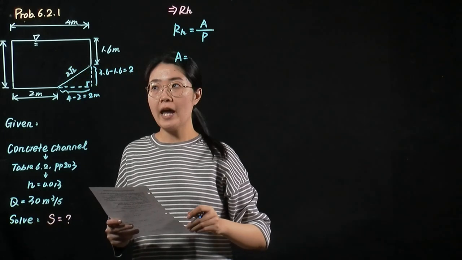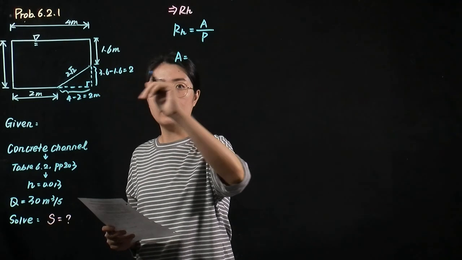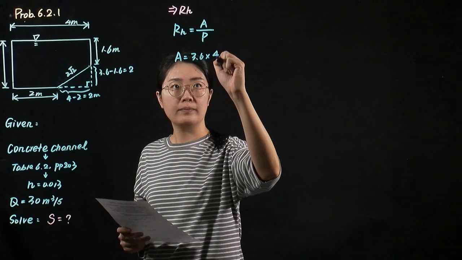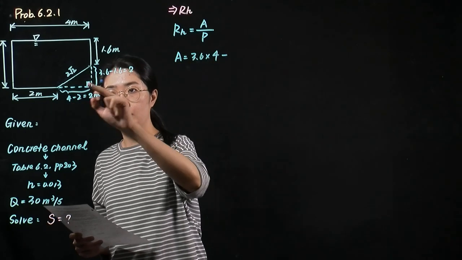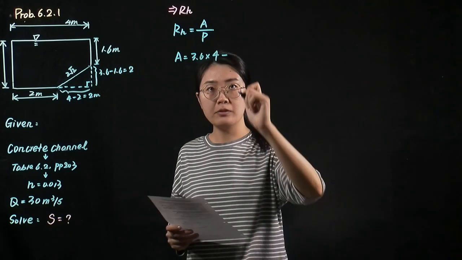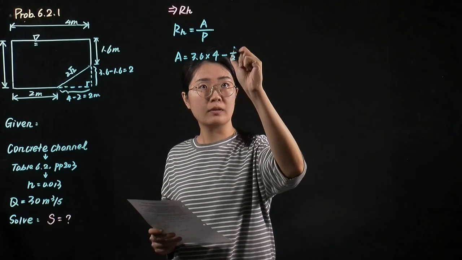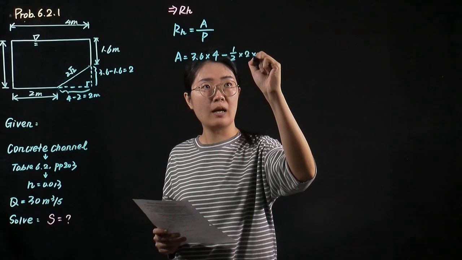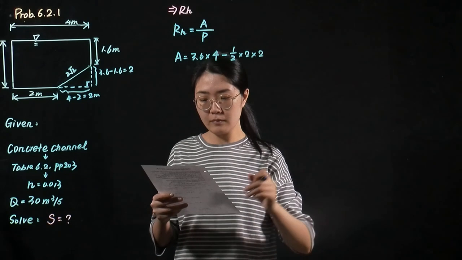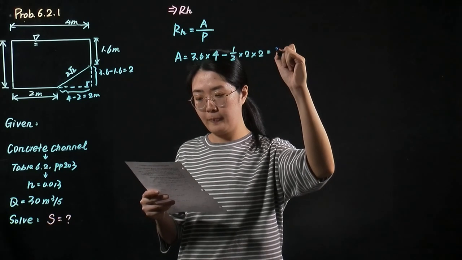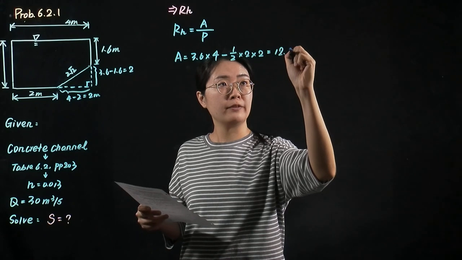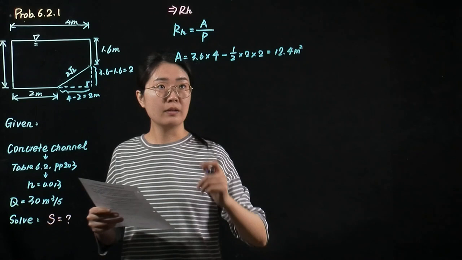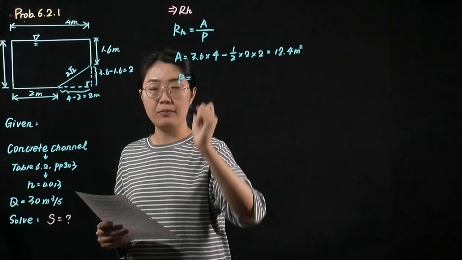Therefore, the area equals the area of the rectangle, 3.6 times 4, minus the area of the small triangle, 1/2 times 2 times 2. It equals 12.4 square meters.